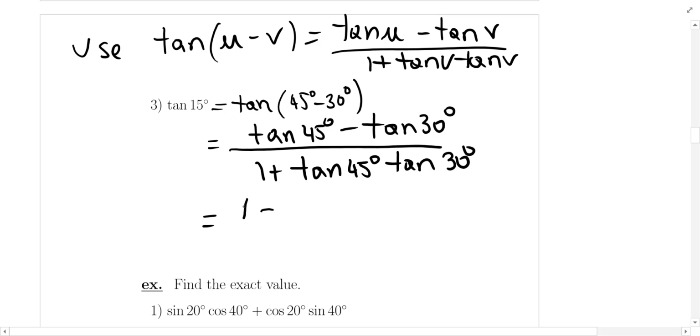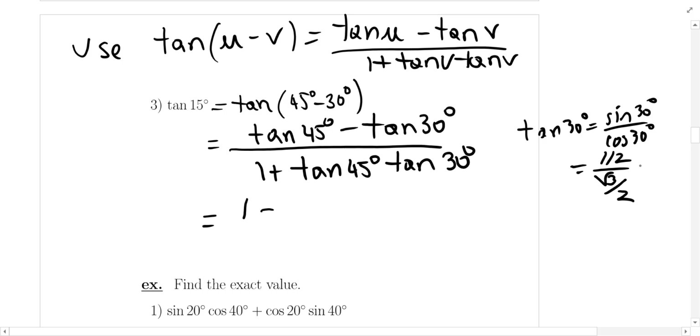Minus tangent of 30 degrees. On the side, tangent of 30 degrees is just sine of 30 degrees over cosine of 30 degrees. I know sine of 30 degrees is 1/2, and cosine is square root of 3 over 2. So this gives you square root of 3 over 3.